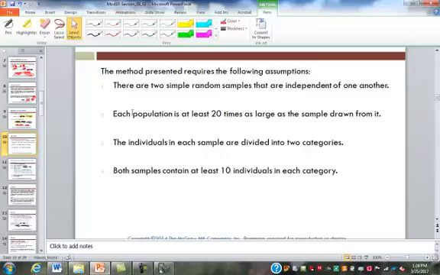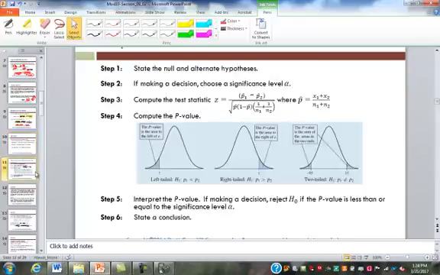Yeah, they either use a computer at work or they don't. And both samples contain at least 10 individuals in each category. Yeah, each sample contains at least 10 people that don't use a computer and at least 10 people that do use a computer. In the first sample, there were 900 and some that do use a computer and 400 and some that did not. So we have more than enough to meet that 10 requirement.